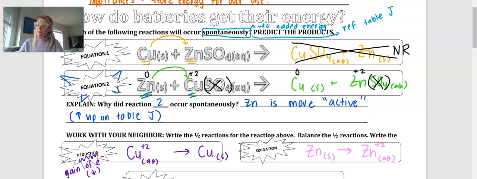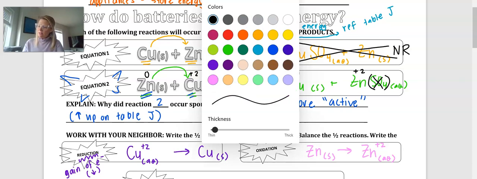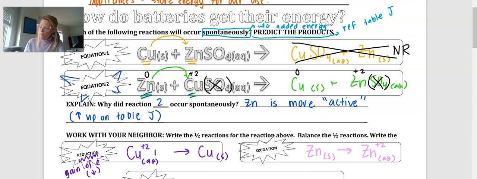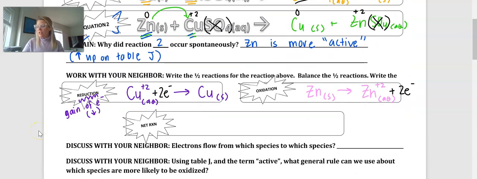Now, last thing we have to do is add in our electrons. So we have copper 2+ ions that are gaining 2 electrons to become a copper atom. And for zinc, we have zinc atoms that are forming aqueous zinc ions by losing 2 electrons. So what's our net equation going to be for this reaction?